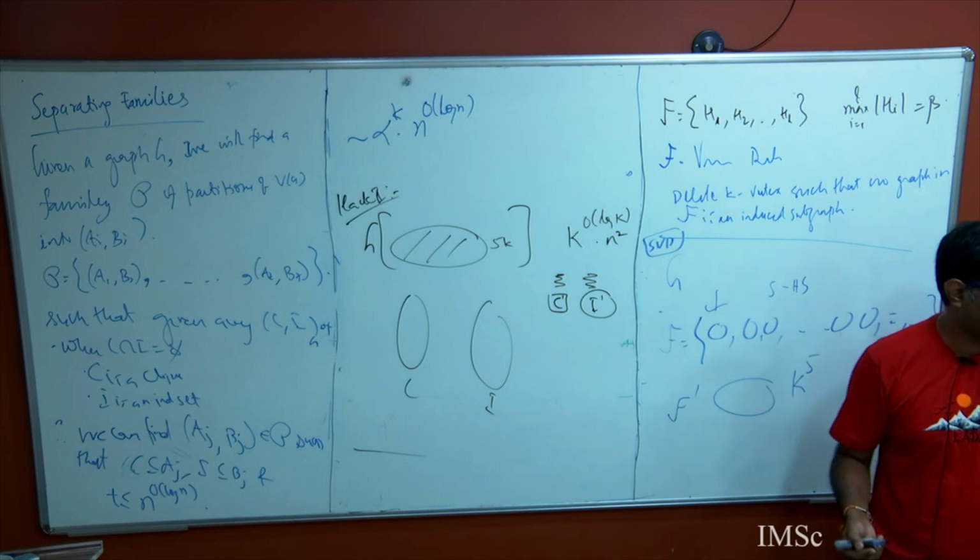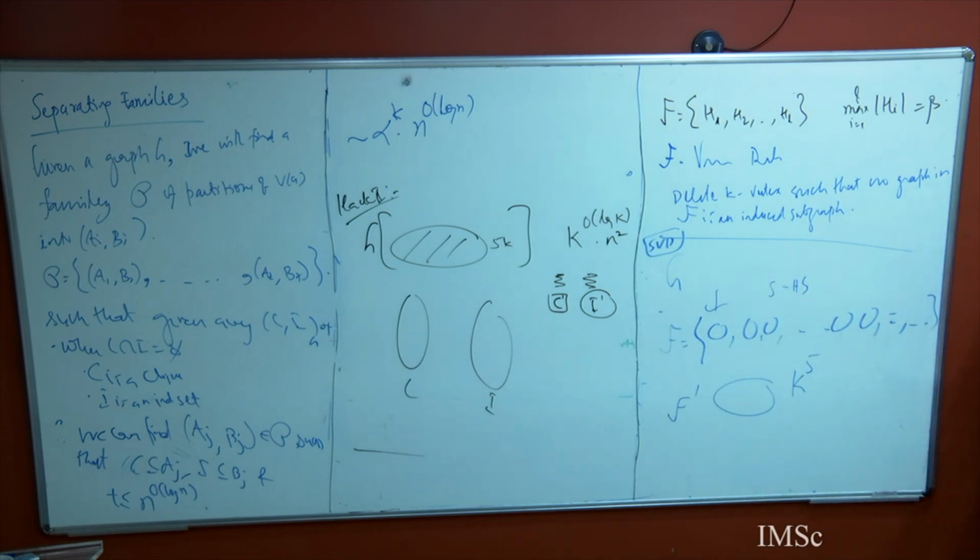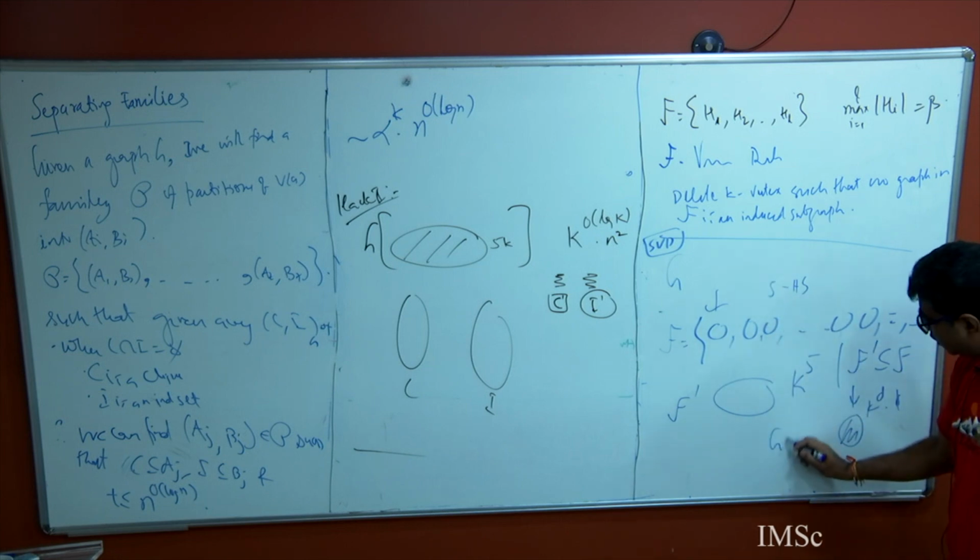That doesn't imply that that's a kernel for this. But I also taught you a kernel where F prime was a subset of F. Now notice, look at the number of vertices which are involved in this F prime. It will be something like k power d times d. Now look at the graph induced on this, right?